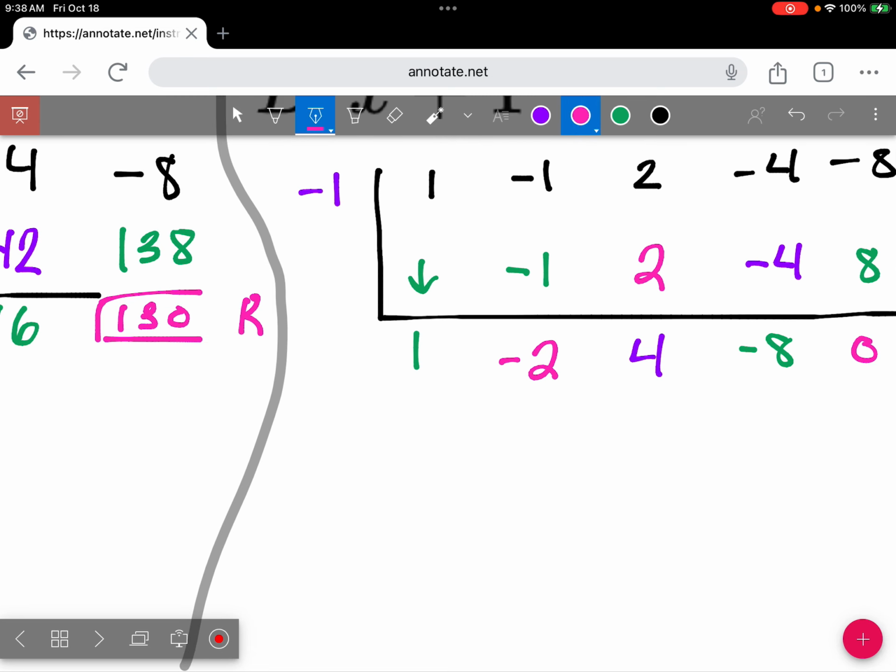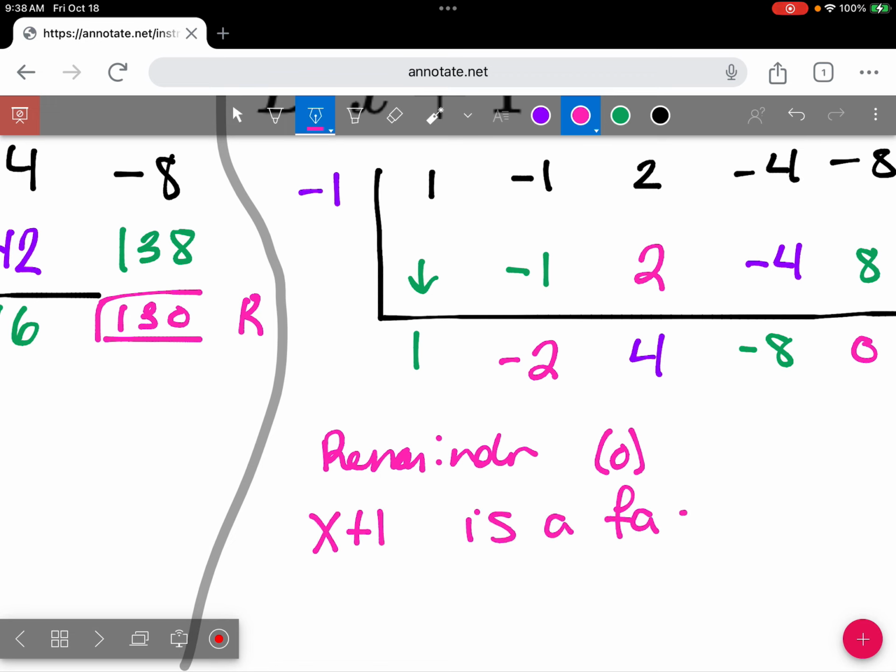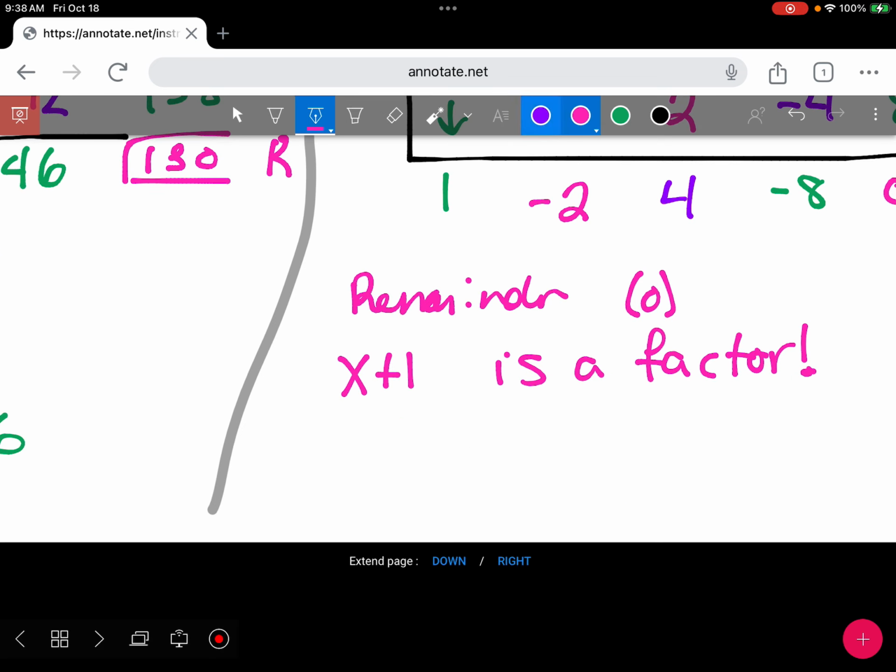And 0. So what's our remainder? What does that mean? It goes in there evenly. It's a factor. X plus 1 is a factor of this polynomial. So what we have left over, q of x, is what?